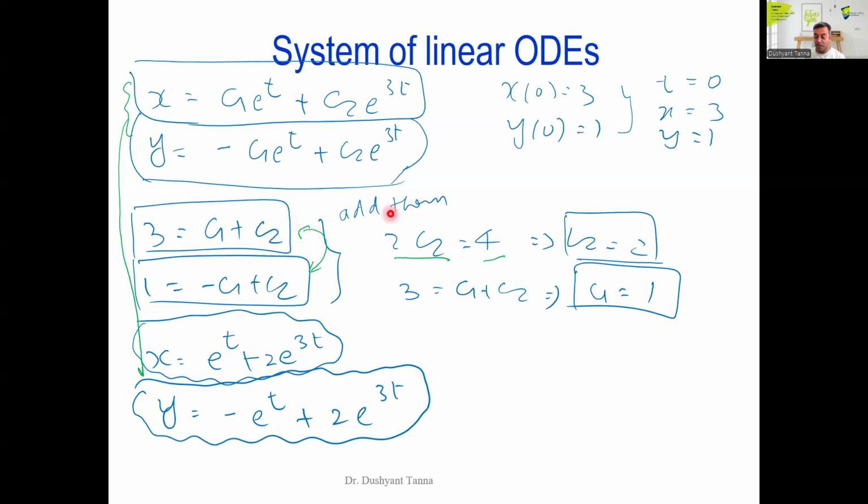You add them, since one being plus and the other being minus is quick. So c1 is gone, 2c2 is 3 plus 1, 4. c2 is 2. Plug it back here and you'll get your c1. You use this c1 and c2 to plug into the x and y solution to get your final particular solution without constants, right?